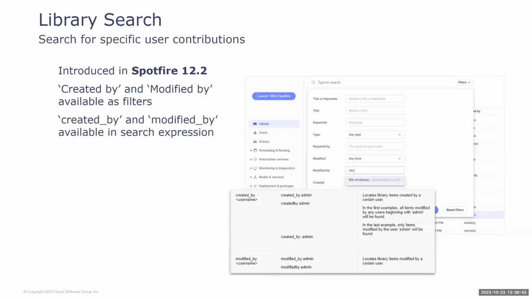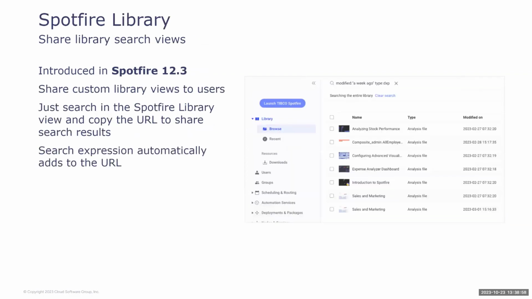We've also improved the library search capabilities. So the helpful library search dialog now also lets you search easily for analyses that specific users created or modified. And I'll show you a little bit more about this shortly. Just wanted to point out also that search expressions in the Spotfire library are now automatically added to the URL of the Spotfire library view you are in.